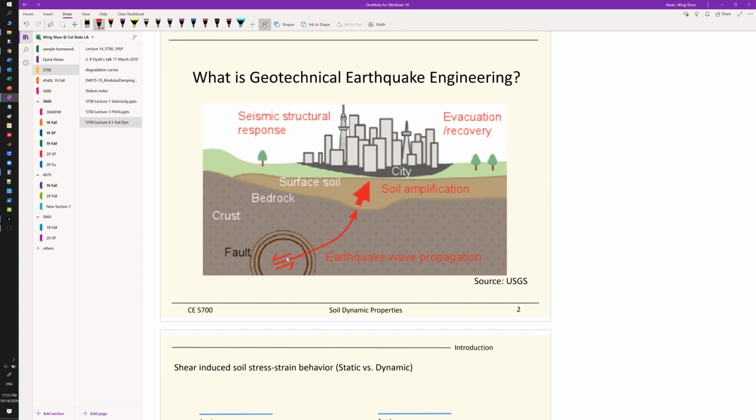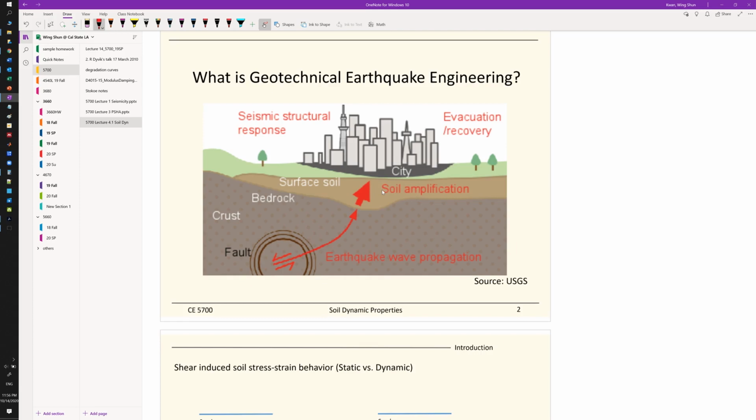So they rupture and release a lot of energy, which travels through the bedrock, and then you go to the soil. This part is seismology, and getting to the soils is geotech.